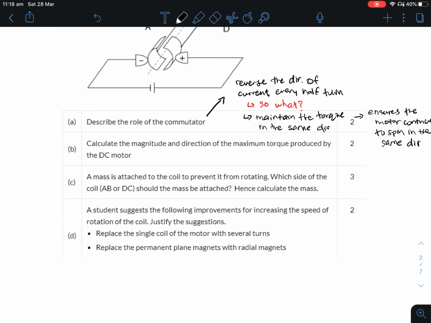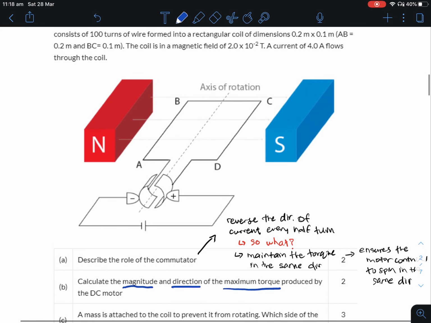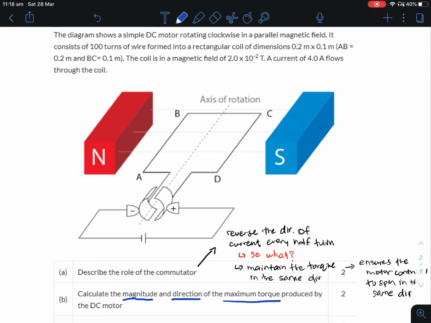Okay, part B. Calculate the magnitude, and direction, a lot of people forget this, of the maximum torque produced by the DC motor. And the key word here is the maximum torque. And so if we look up here at this diagram, is this already in the maximum torque position?